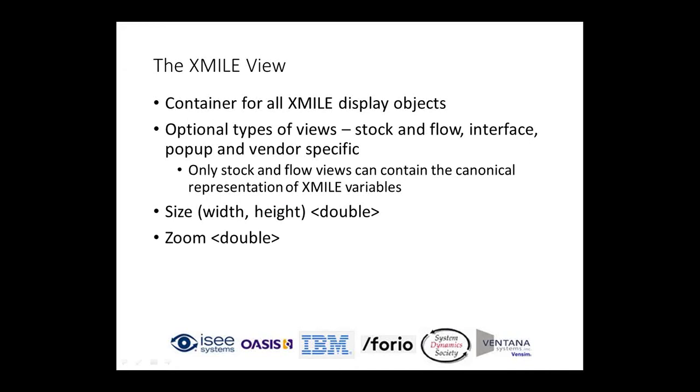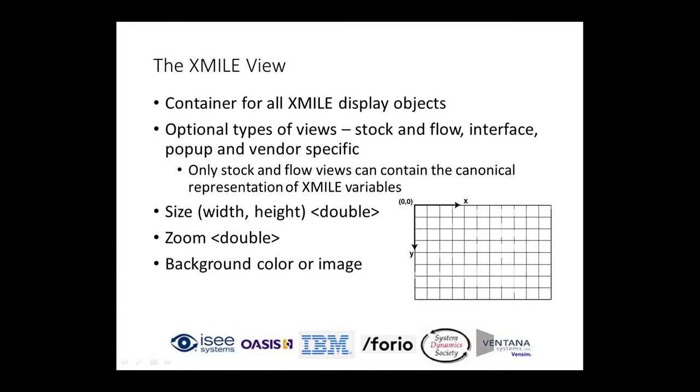When you save a stock and flow diagram and you're looking at a particular section of that diagram, when you open the diagram again, you want to be looking at the same exact screen, which means we need to save the zoom as well as the scroll position. And finally, views can have background colors or background images, so that we can have items in the background which aren't necessarily interactable with the mouse, but provide context or an aesthetic view to that XMILE view.